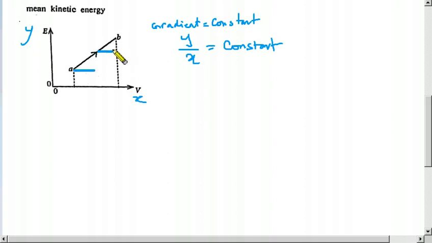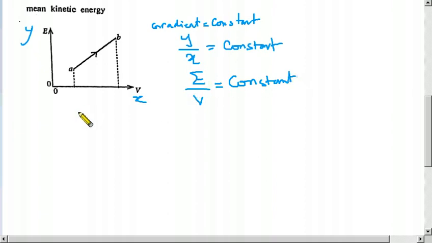Here and everywhere the angle is constant. So the gradient is constant. What is y? Y is the mean kinetic energy, and x is the volume. So the ratio is constant.